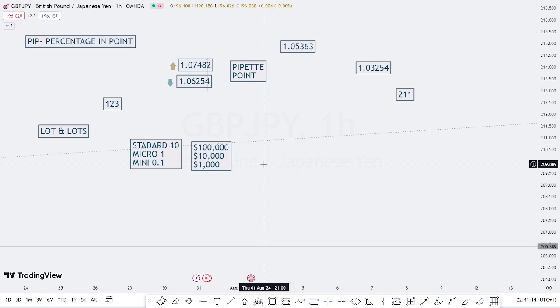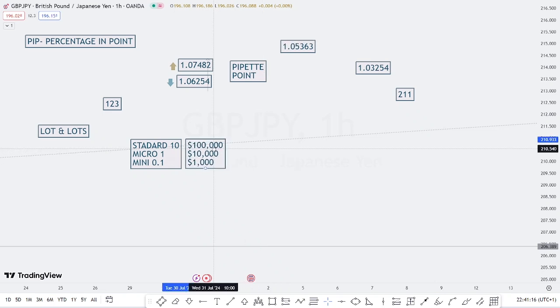This means that for you to be part of the trading, if you want to use one standard lot size, you must have at least $100,000 in your account. If you want to use micro lot size, you must have not less than $10,000.